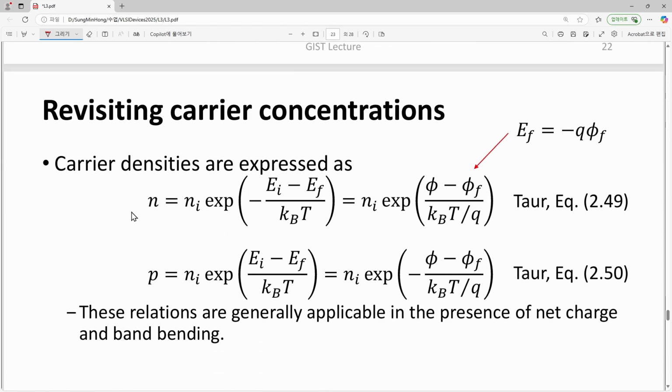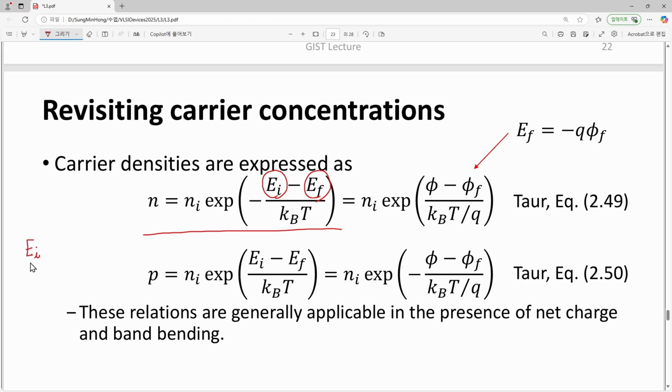So previously, in the case of the equilibrium case, we were able to express the electron density in this form. It was studied in our lecture 2. And here we have the intrinsic Fermi level, and this is the Fermi level. And in this case, we have introduced something like this.